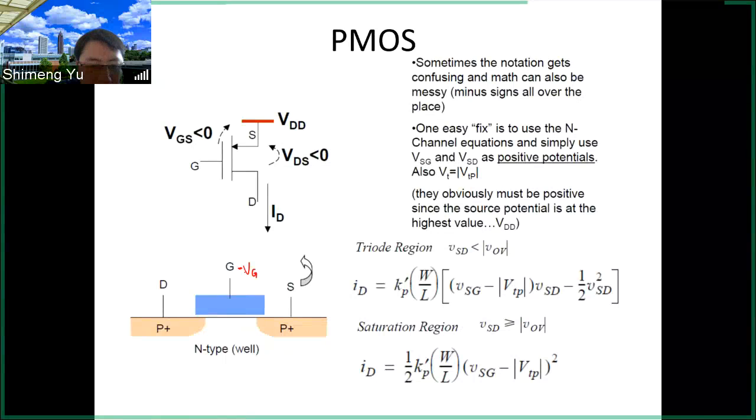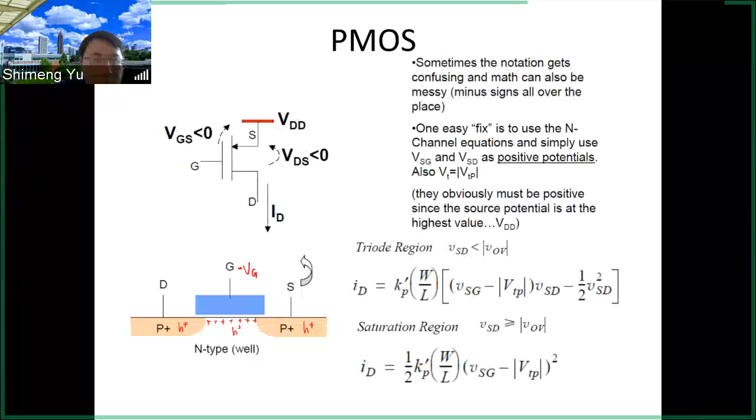Because you apply negative voltage here, you will attract the holes towards the surface, because negative voltage attracts positive charges, that is, holes. So you still form a channel of holes. You have a layer of holes at the surface, and you also have holes in the source and drain because they are P-type doped.